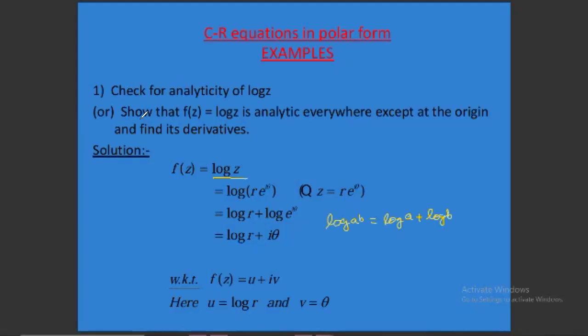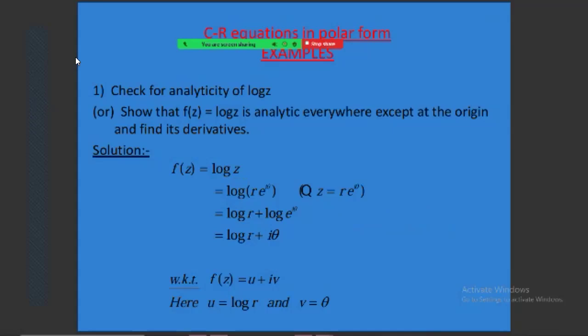In an exponential, log and e will both be cancelled. So log r plus i theta. So we know that f of z is equal to u plus iv. Now we are going to compare the real part and the imaginary part. The value of u is equal to log r and the value of v is equal to theta.